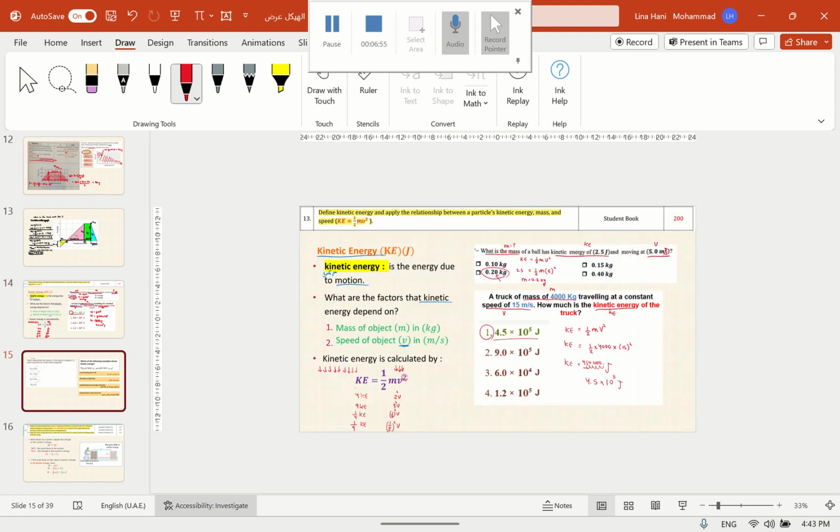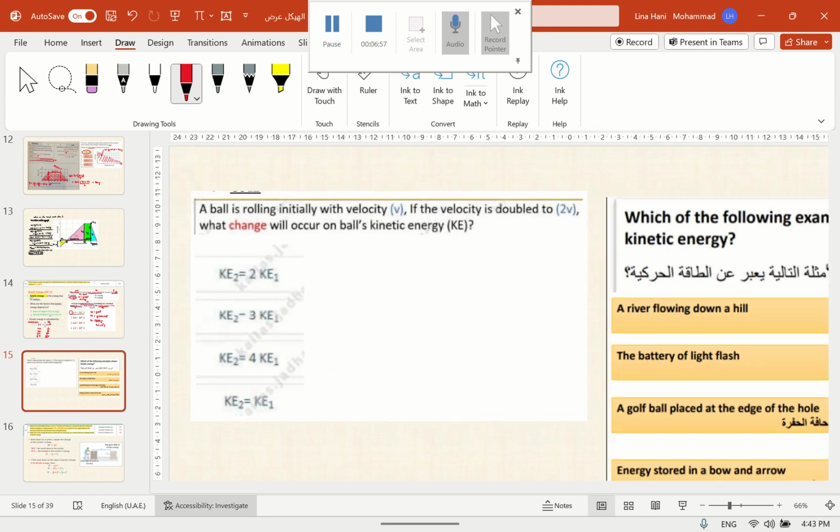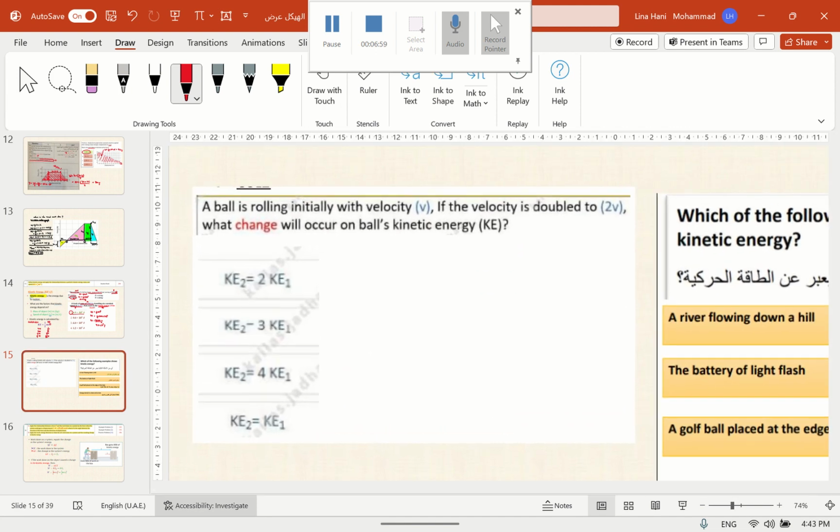All right. Another question. A ball is rolling initially with a velocity v. If the velocity is doubled, what change will happen to the kinetic energy? Remember the relationship between velocity and KE. We said it is directly proportional to the square.